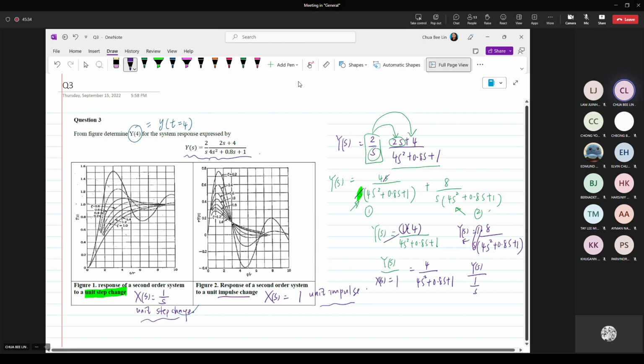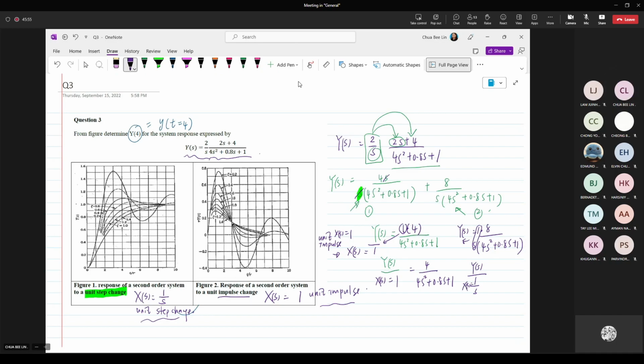Then this is your X(s). So this will be your unit impulse, where X(s) equals 1. Same goes to this. When you move this 1 over s to the other side, this is your X(s), and this is your unit step change.